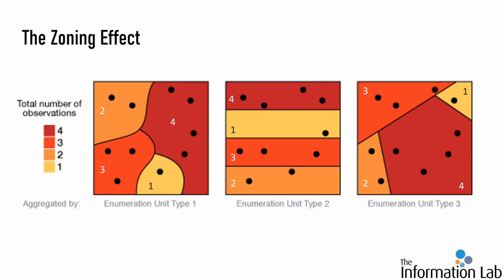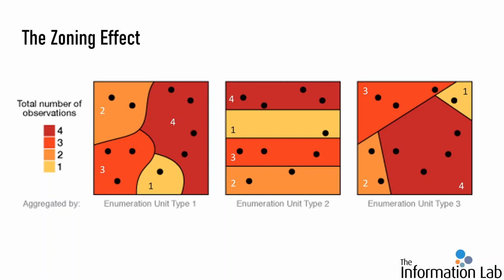Now, in the zoning effect, we have exactly the same number of points in each of these images, and they are in exactly the same place in each image. But we get a different aggregated total of dots depending on the way we draw our boundaries. Look at each picture.